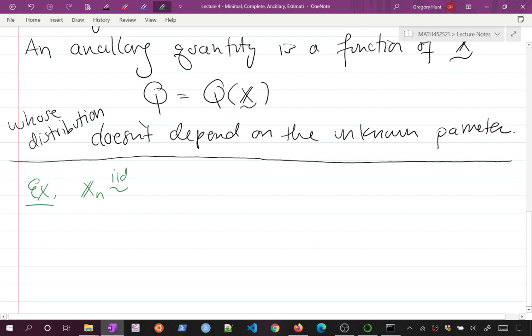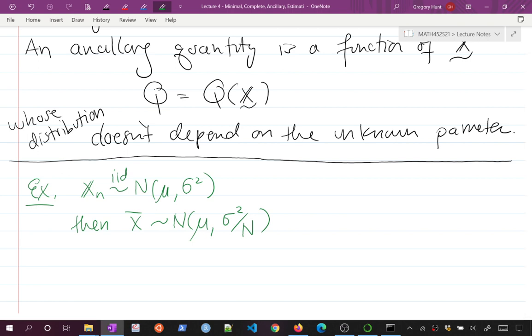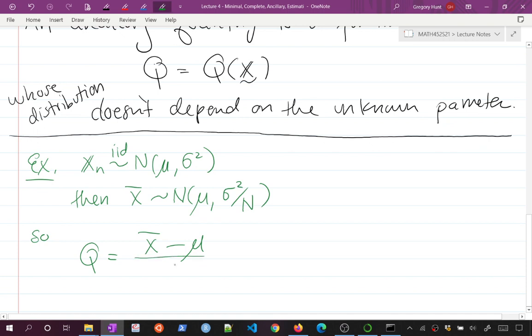Let's say, again, I have my favorite normal model. Then we know from our second lecture that if my data comes from a normal mu, sigma squared, x bar will have a normal mu, sigma squared over n distribution. So if I let Q be x bar minus mu over sigma over square root of n, this is ancillary, we might say, to mu and sigma squared.